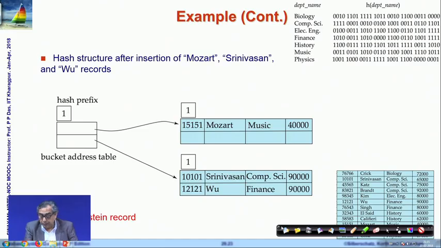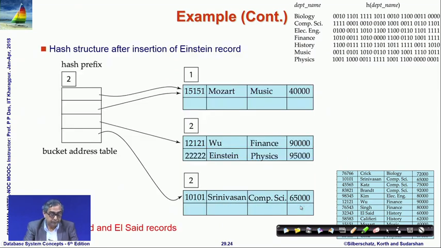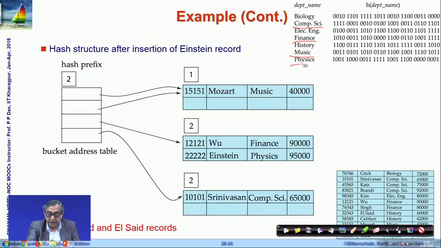Now, let us try to insert Einstein. So, to insert Einstein, what do we find? What all we already have? We have music, we have computer science, we have finance, and now Einstein comes in. Einstein is from physics.